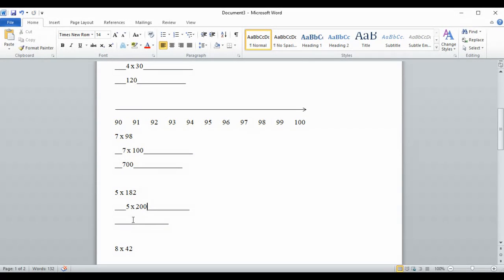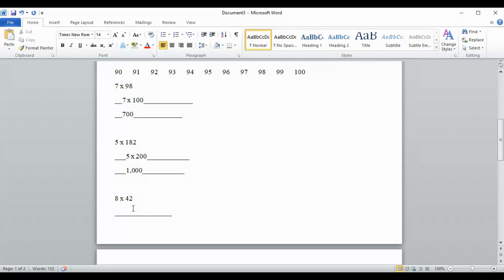What is 5 times 2? It is 10. And then we're going to add the 2 zeros. So our final answer is 1,000. Now 5 times 2 equals 10, and that 0 goes with that 10. We have to add those two zeros on.